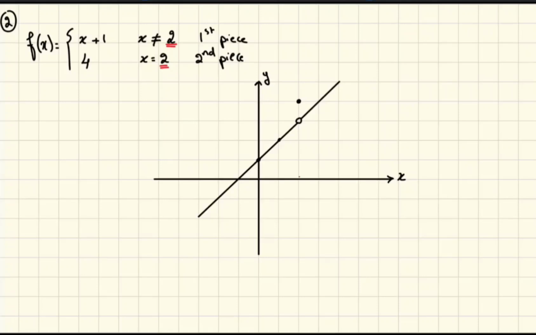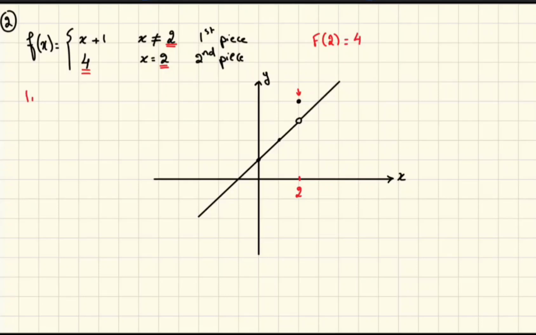So what's happening when x equals 2? Is there a limit? Let's check. As you can notice, f of 2 in this question, when x is equal to 2, I know that the y value is equal to 4. Exactly. It's defined by this point.